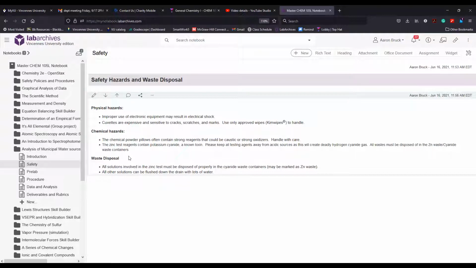So we're going to be extra careful with this test. This is going to be full gloves, full goggles, everything. Also, when it comes to waste disposal, almost everything is going to be able to go down the drain, but the cyanide waste from the zinc test is going to have to be collected.